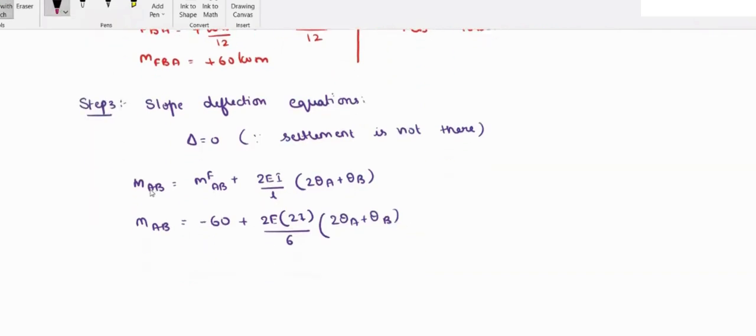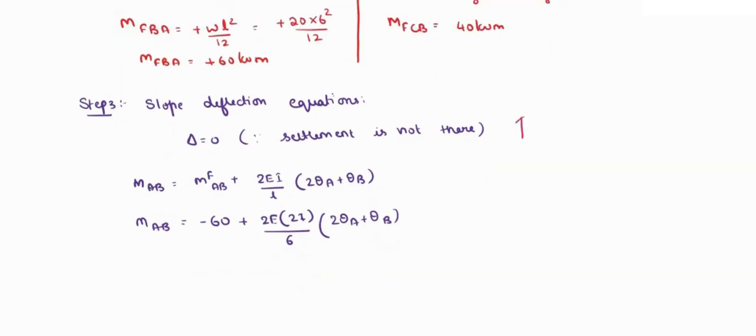So I am just going to draw the figure. Here we are considering AB, BC, and this is an overhang portion. So this is A, this is B, this is C, and this is D. It has a UDL of 20 kilonewton per meter, and this is 80 kilonewton, which is at the center, that is 2 meters, 2 meters.